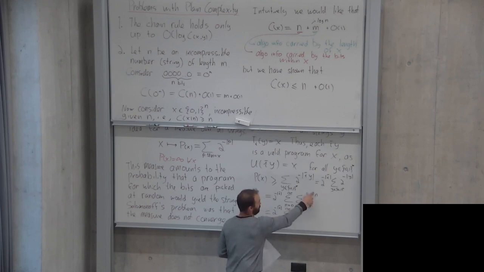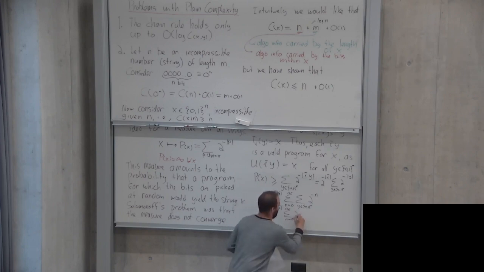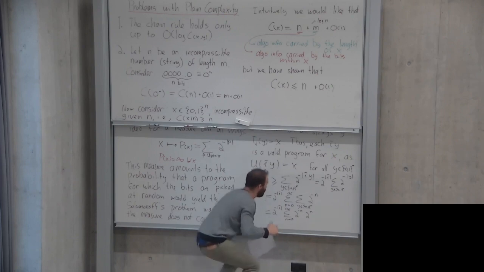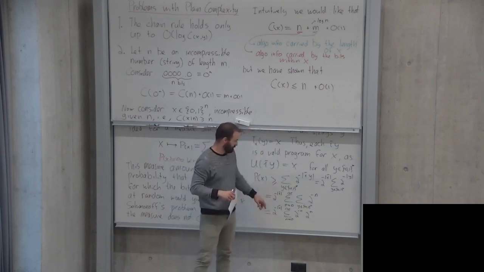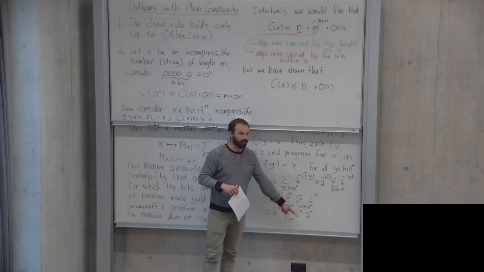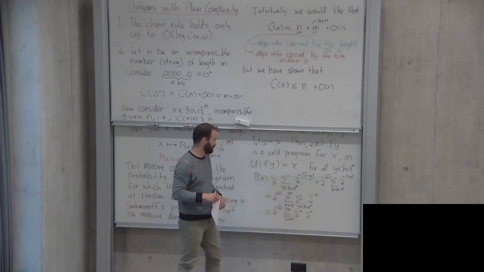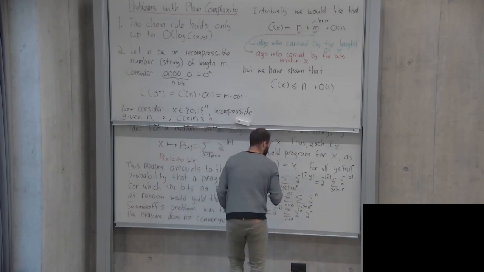If you want, I could have factored this 2 to the minus n here because nothing depends on y in here, and I would sum the empty sum 2 to the n times. So I've got 2 to the minus n times 2 to the n. So I'm summing 1 infinitely many times, and that diverges.